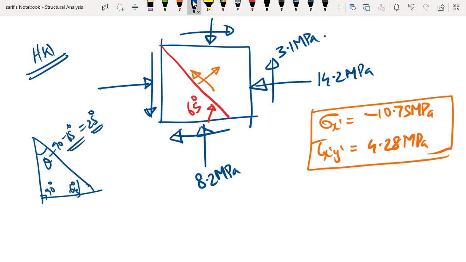Or theta can be the angle the normal to the inclined plane makes with the x-axis in the counterclockwise direction. So either of these can be taken as theta. This is something you have to note to do this problem. The rest of the things remain the same.